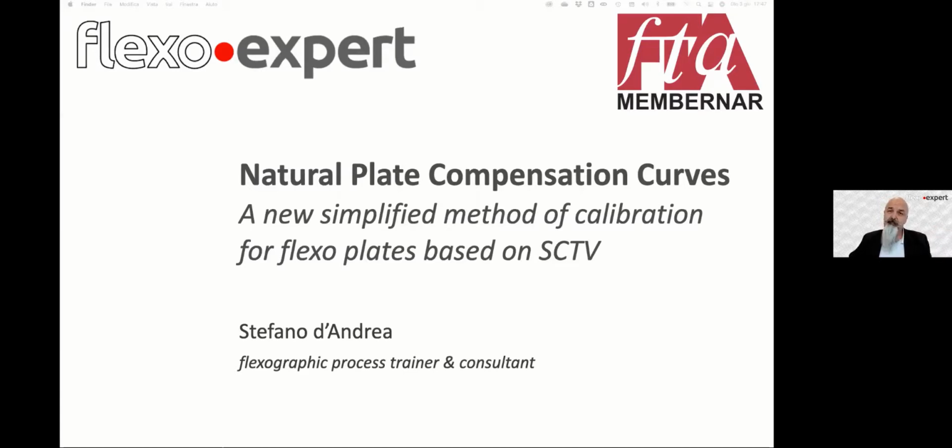I see the NPC curves more on the plate side, on the plate preparation, to be ready for printing in that condition. So I like to see the NPC like a new basement. Instead of linear, take it to another, let's say, curved linear condition, if we can say that.